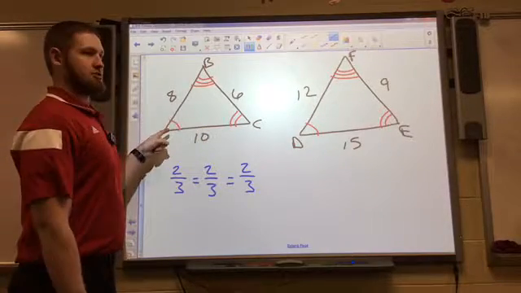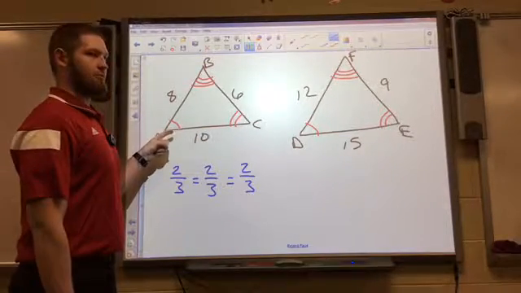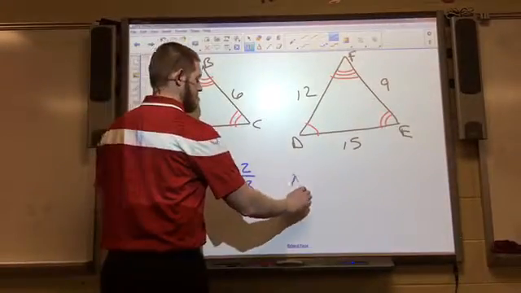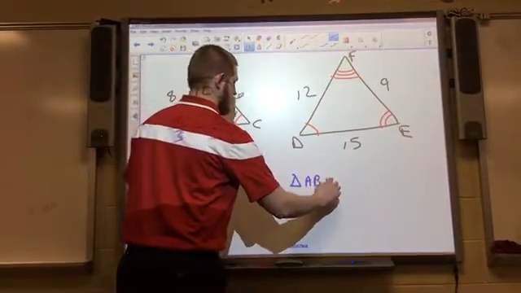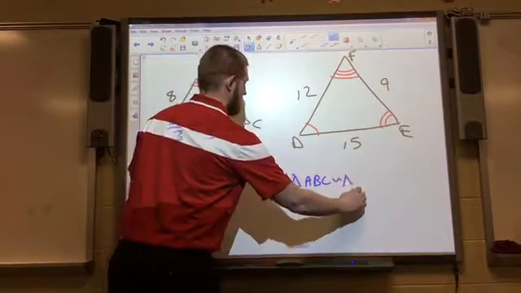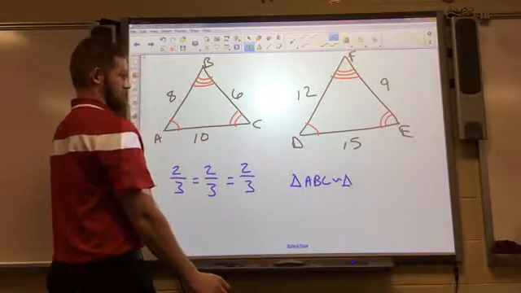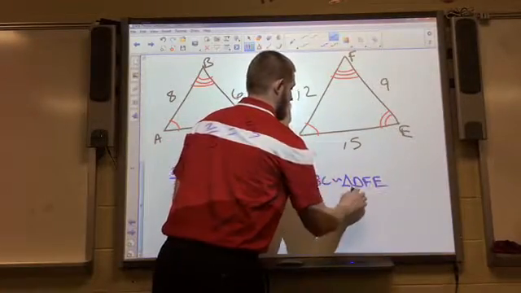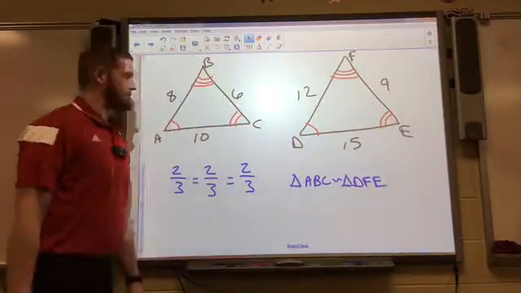Yes. Since they're similar, Taylor Hart, can you give me a similarity statement? Triangle ABC is similar to triangle, careful, DFE. I didn't write that in order that time.